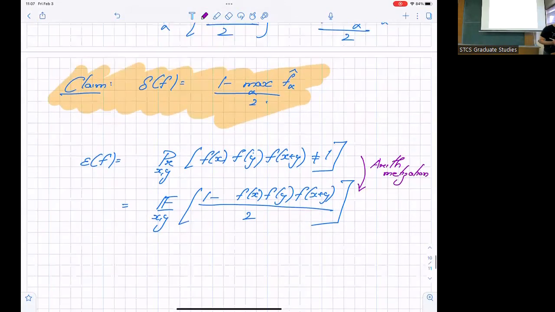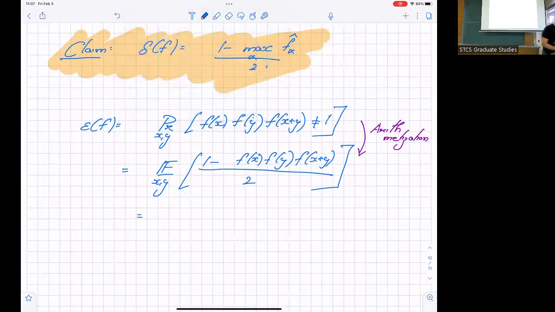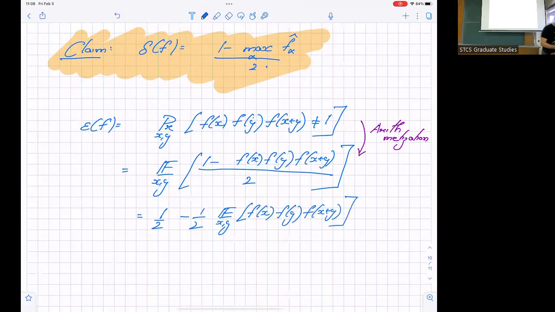So this is half minus half the expected value over x, y of f of x, f of y, f of x plus y.